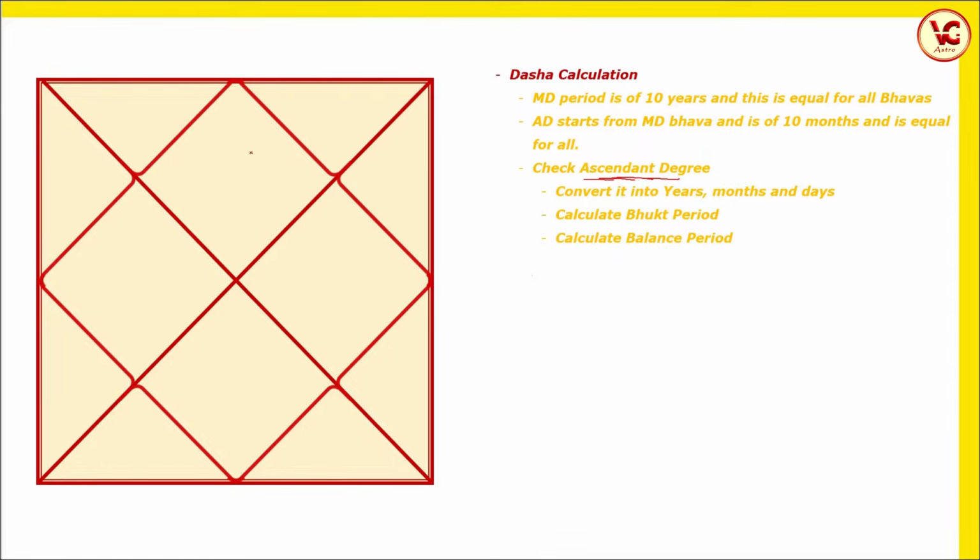Let's see, this is the ascendant. Suppose this is at 15 degree, which is when the Jatak was born. We know one house value is 30 degree and we have mentioned this is 10 years, or we can say 120 months.